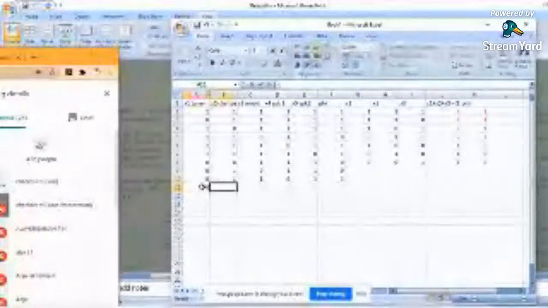Another is universal system working. There is 1, 0, 0, 1, 1.